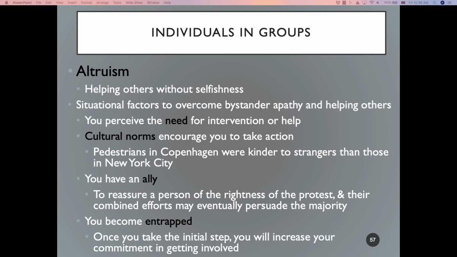But what about altruism? Altruism, on the other hand, a far nicer thought about social behaviour, is actually helping others. And altruism is a type of behaviour where you help others without any reward. It's a selfless act. Now, if it was a burning building and you were a mother and you ran in to save your child, people would expect that of you.